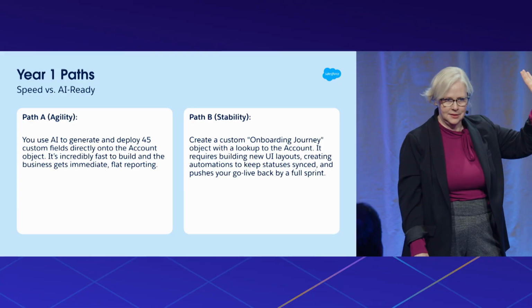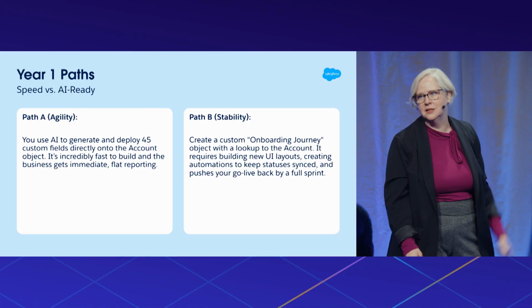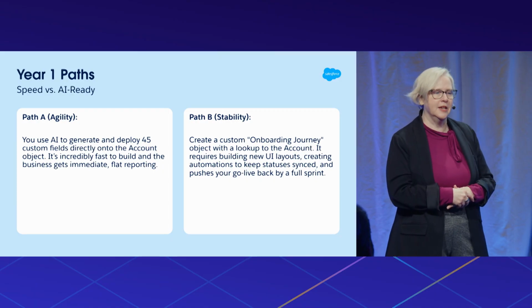However, with stability, you're going to have a better user experience in the end, but you're going to miss your deadline. Again, there's no right or wrong. I've seen both things happen, but going for agility, you have tech debt and you need to understand you've created that tech debt, meaning things you're going to want to unwind later so that you can correct the quick things that you did.